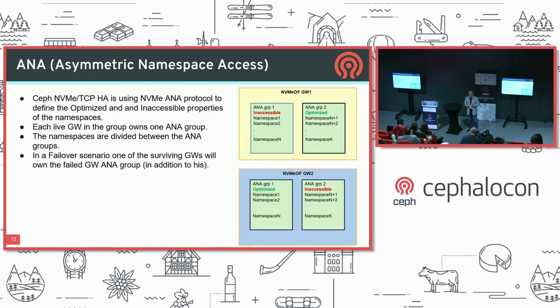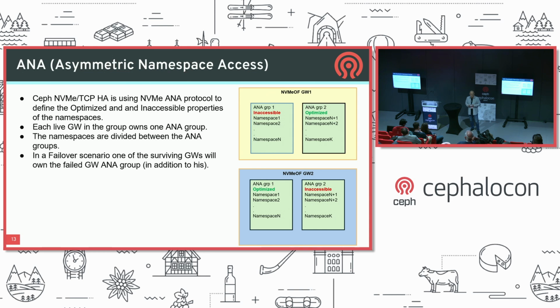Okay, so how did we implement high availability? We are using the NVMe ANA protocol, which is equivalent to SCSI ALUA. It's asymmetric namespace access. Each gateway is like an ANA group.